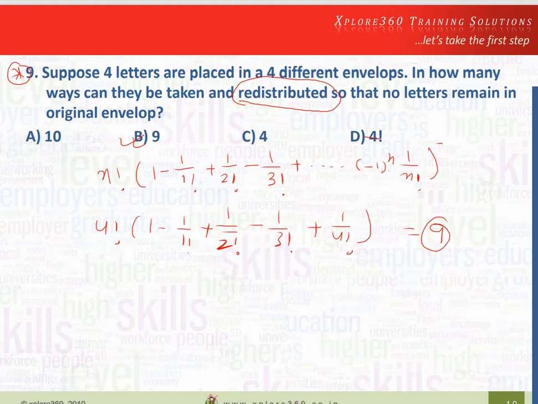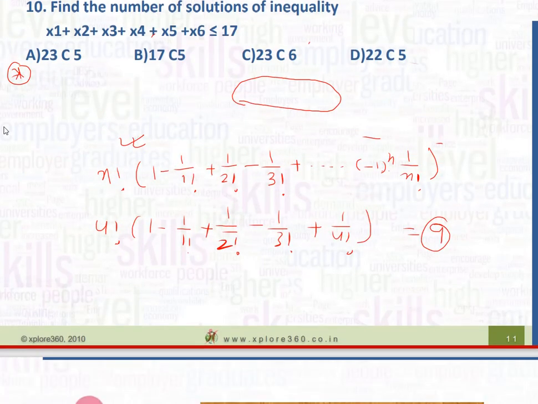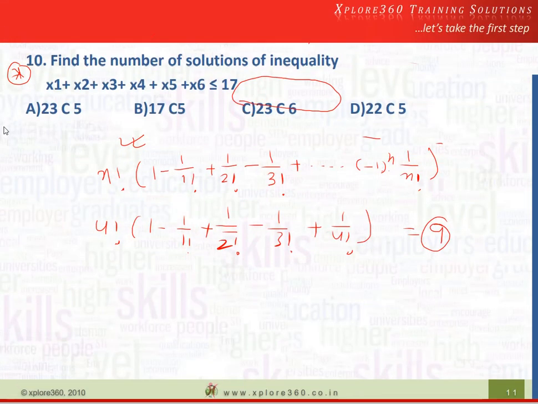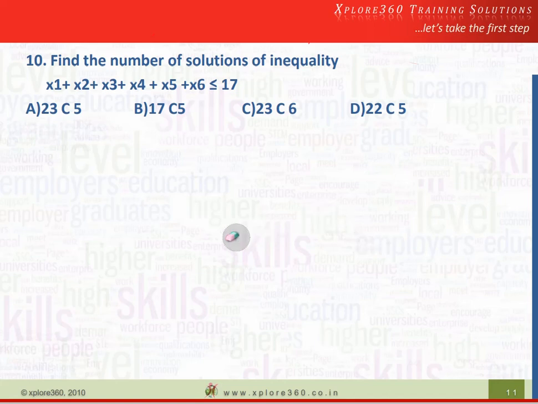And the last question, one of my favorite questions. This is once again from permutation and combination. You might have seen a question like this: x1 plus x2 plus x3 equals 7 or 17, and you have to find the number of solutions.